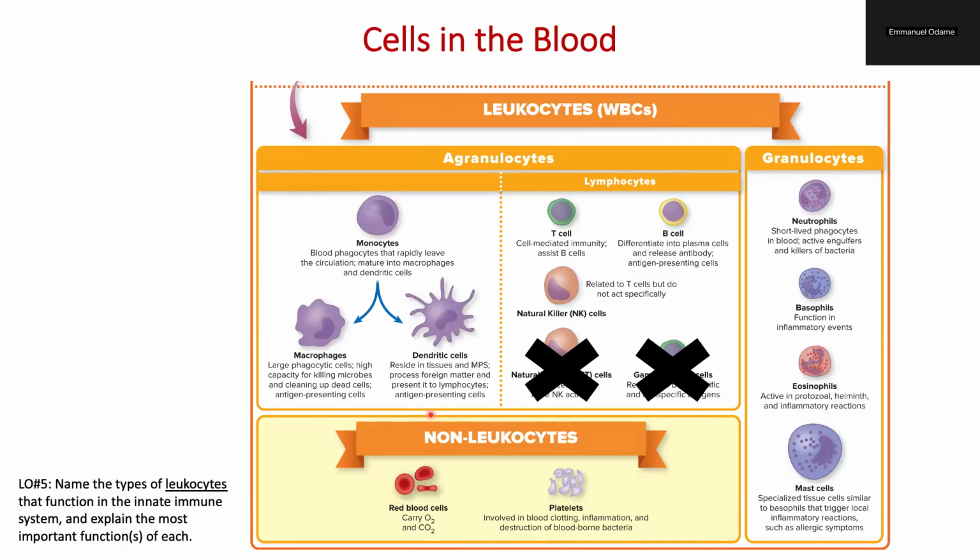So before we jump into the other part of the immune recognition and response, we have to understand that under this broad range of non-self recognition, we have important types of cells that are involved in this mechanism.